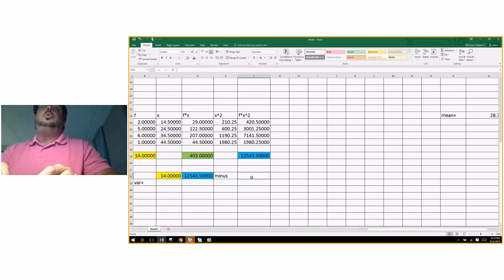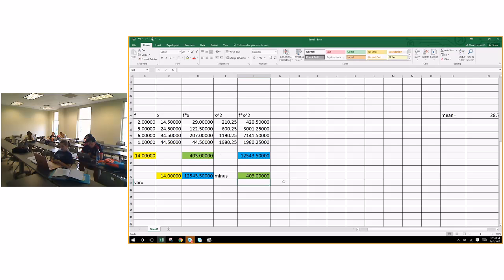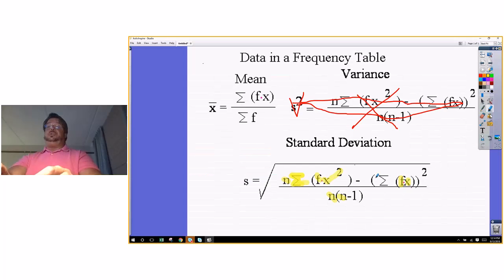And what are we supposed to do with the summation of f of x once we put it in there? What are we supposed to do with it? Multiply it by the sum and then square it. Look at the formula. Times the sum, with the summation of f of x once we plug it in.